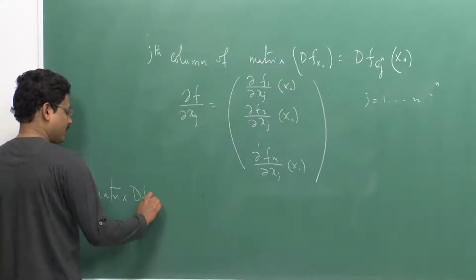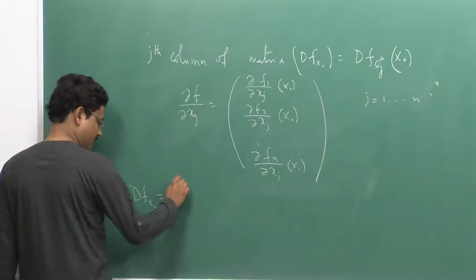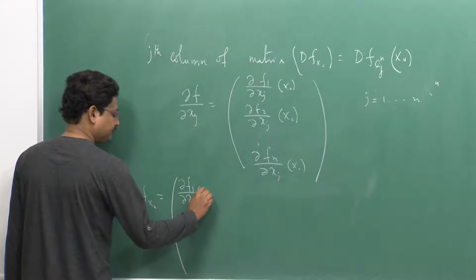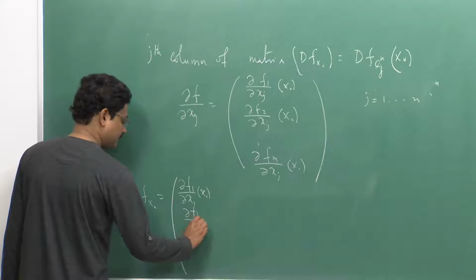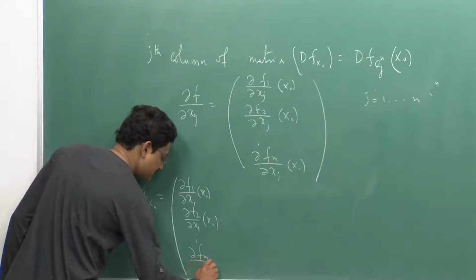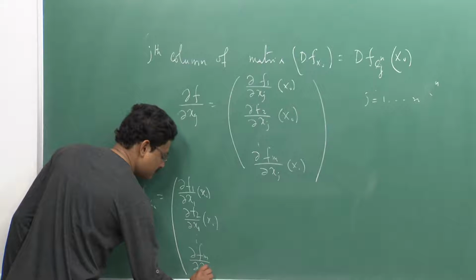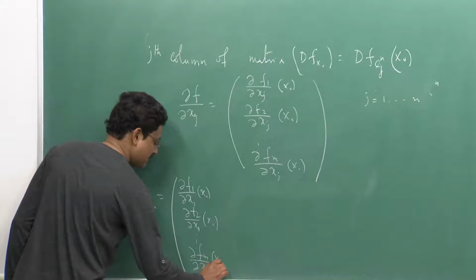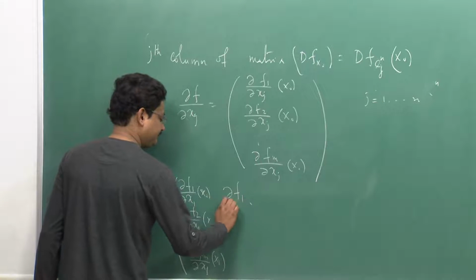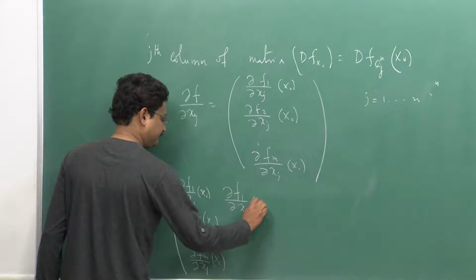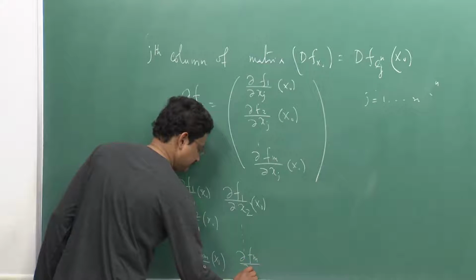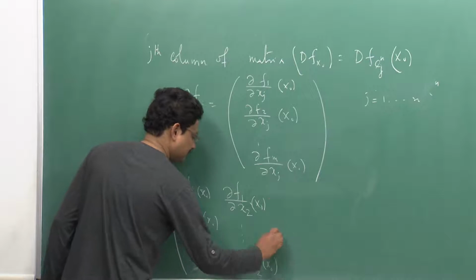So, finally, the matrix of d f x naught is equal to the first column, the second column, and finally, the nth column.